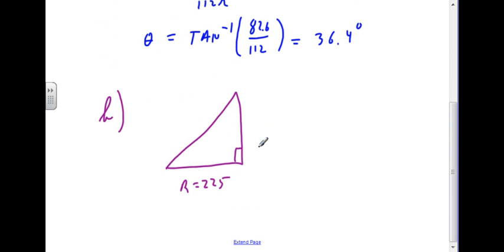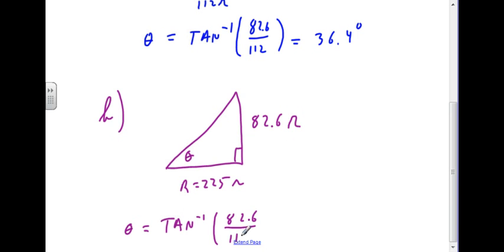If it hadn't, then there's no reason to solve the problem. So now theta will again be the arctangent of 82.6 divided by 112. Boom. 36.4 degrees.